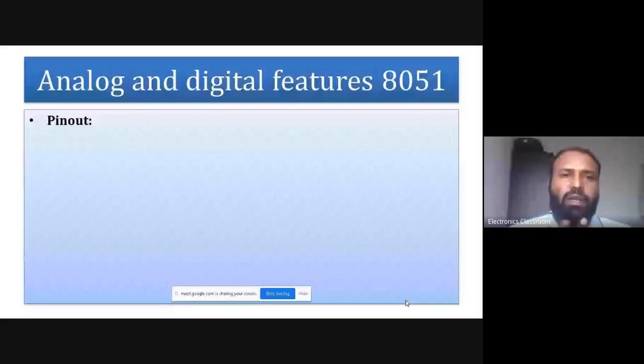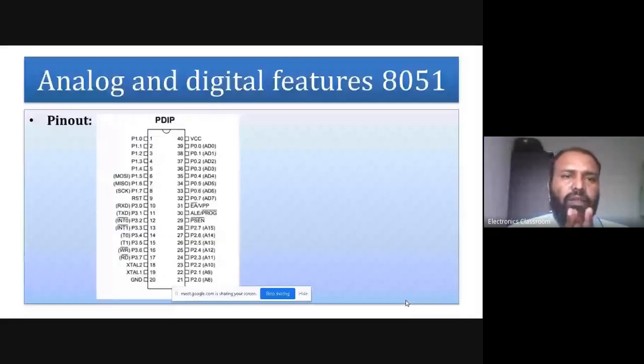We were discussing the pin out of the 8051 microcontroller, and we have started the discussion on that also. So today we will start again from basic. If you look at the pin out of 8051, you will realize that we have various packages available.